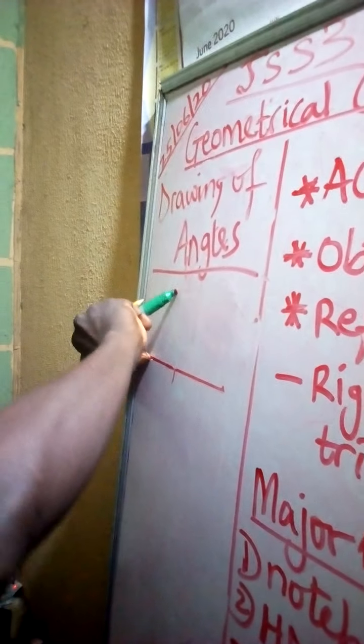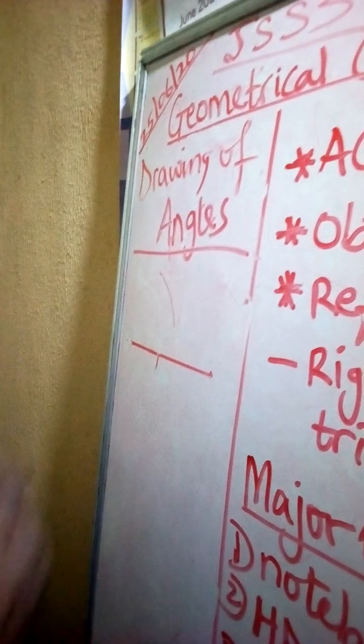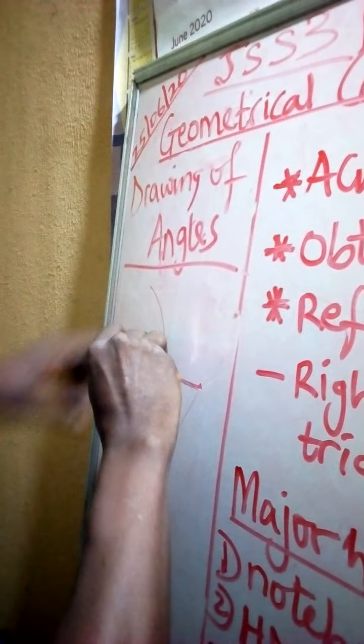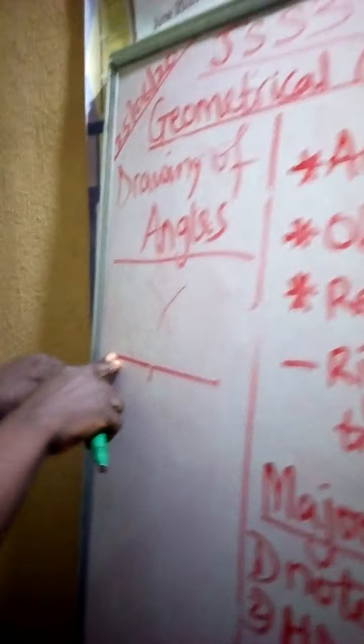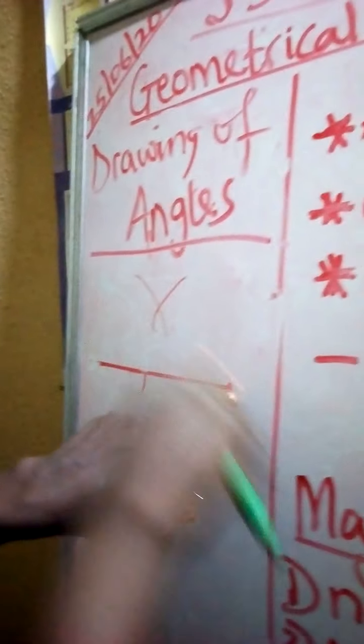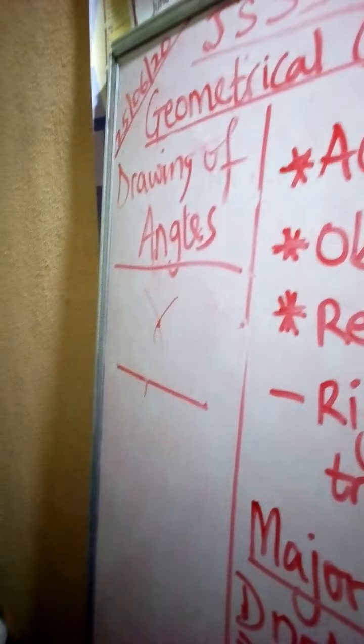Put it at the extreme, cut a line, bring it here, you cut that line. Now when you put it here, you cut the line, put it here again, you cut it. Where two of them meet, this is where they meet.